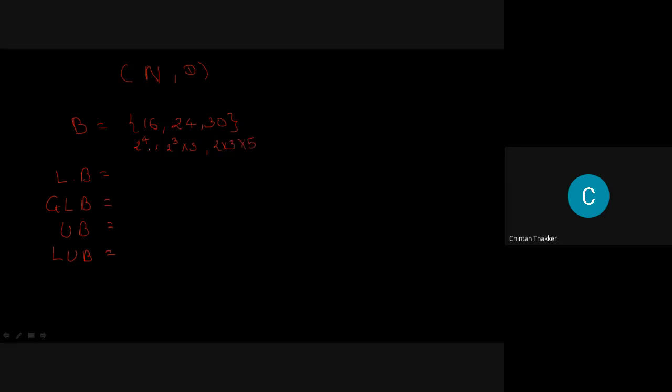The common element is 2 raised to 1 in all three. The greatest common divisor is 2.